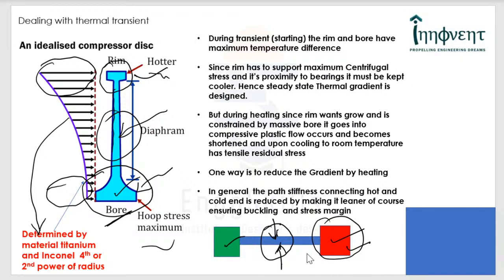But of course, you will have to ensure that the stress margin and the elastic buckling margin are indeed ensured in the process, because design, as I have been emphasizing, is always a trade. If you are trying to satisfy one constraint, the other constraint pops up, and if you are trying to satisfy that constraint, you are compromising on this. So design is always a constrained affair, and therefore we'll have to be careful.